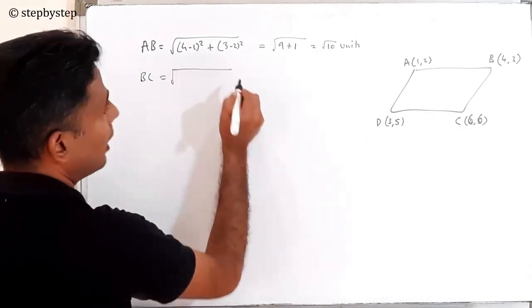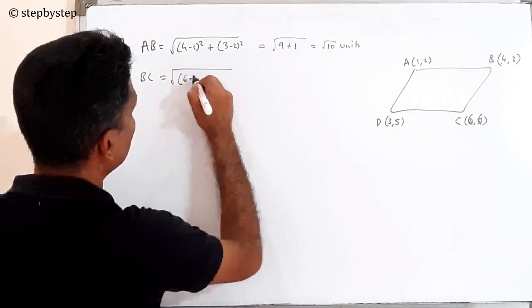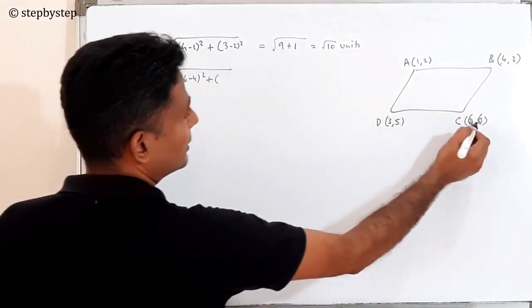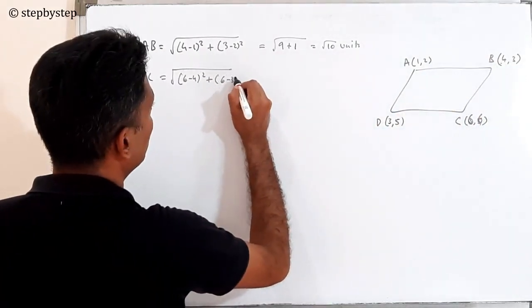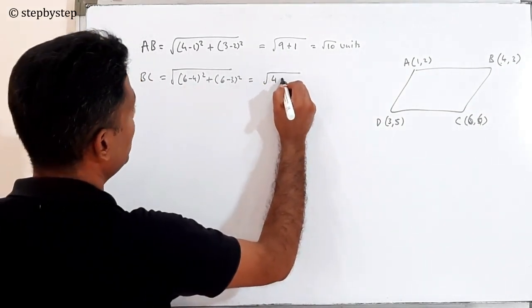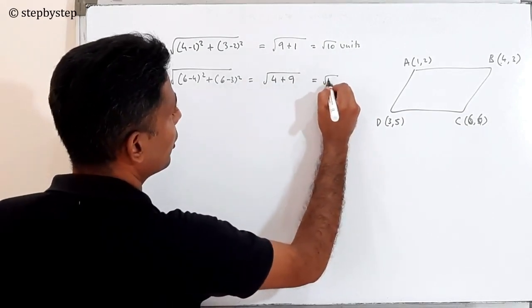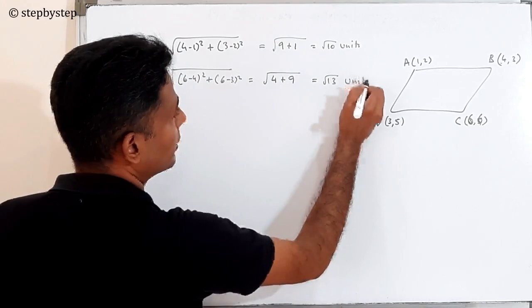BC equal to, I'll take this as x2, y2. So 6 minus 4 whole square plus 6 minus 3 whole square. So we get 6 minus 4, 2 square, that is 4, plus 6 minus 3 is 3, 3 square is 9. So we get root 13 units.